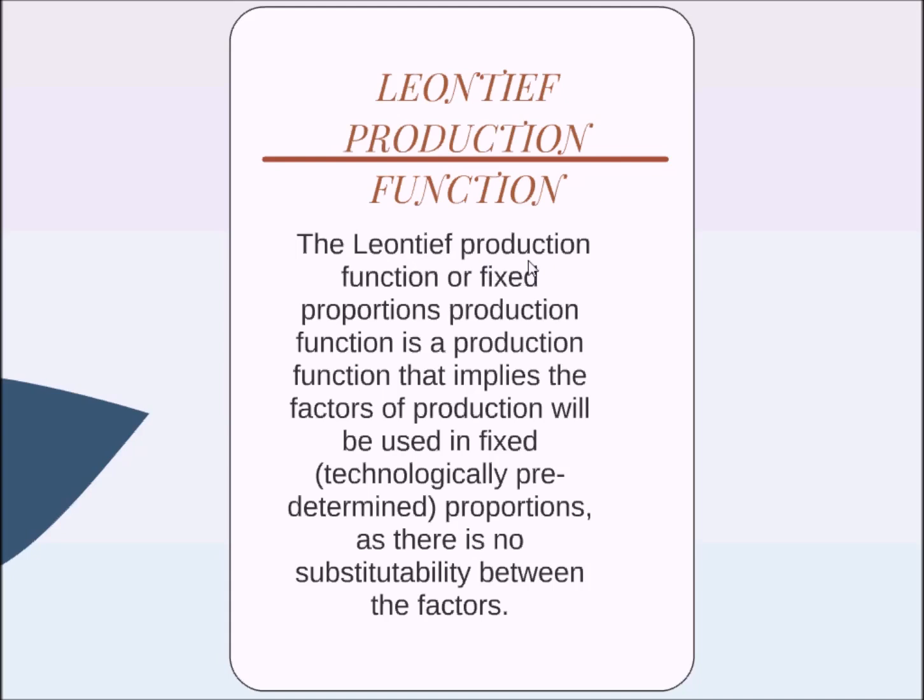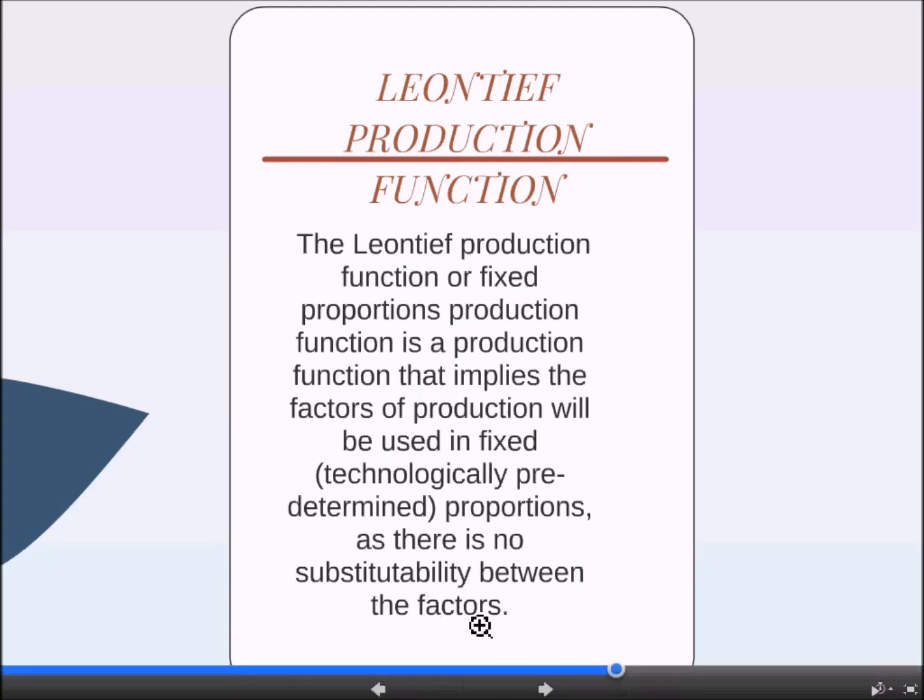The Leontief production function, or fixed proportions production function, we also call it fixed proportion production function. It is a production function that implies the factors of production will be used in fixed proportions, as there is no substitutability between the factors. That is, one factor cannot be substituted with the other factor.